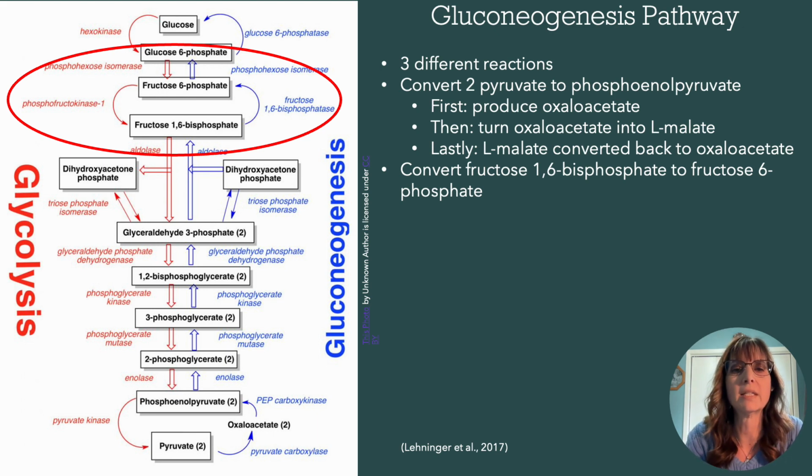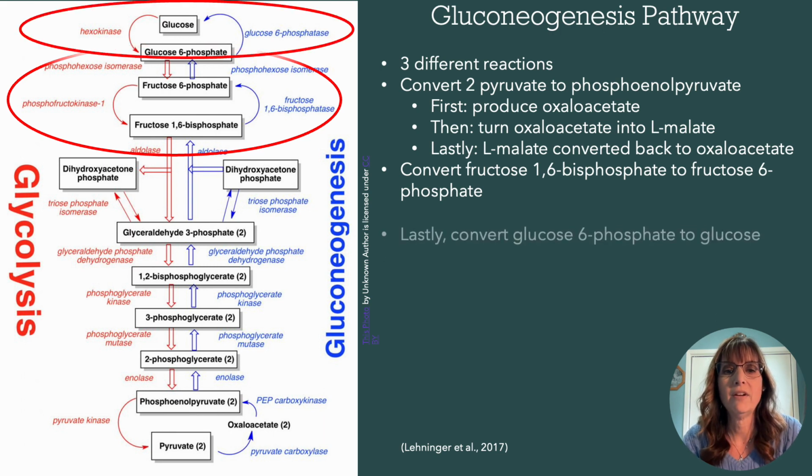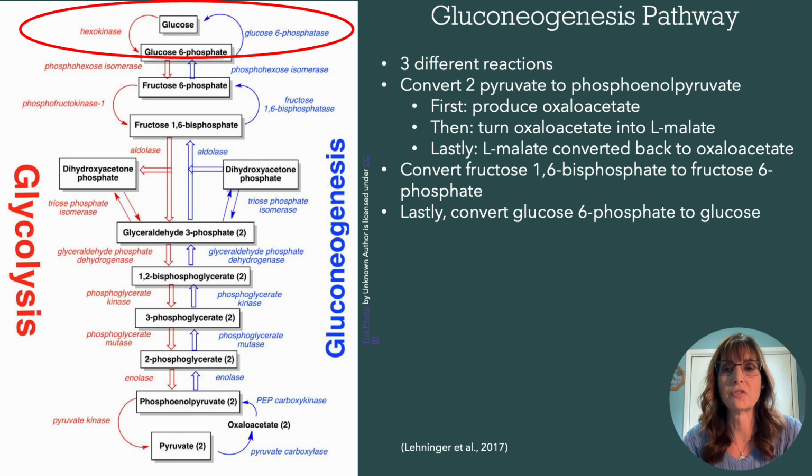Now, instead of a phosphoryl group transferred to an ADP, a phosphate is hydrolyzed from the molecule and an inorganic phosphate is created. Finally, the last step that differs from glycolysis is when glucose 6-phosphate is converted to glucose by glucose 6-phosphatase. This does not require ATP since the phosphate ester is simply hydrolyzed and it releases an inorganic phosphate. And this is what makes it an exergonic reaction.